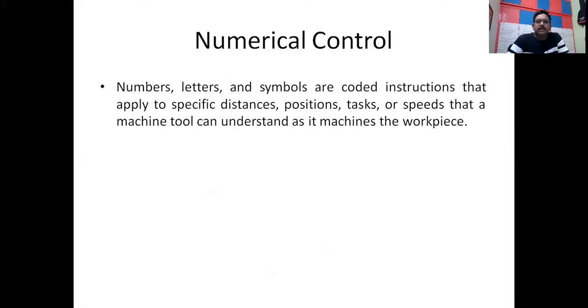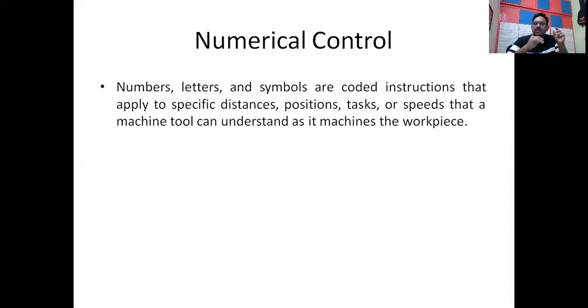So numbers, letters, and symbols are coded instructions that apply to specific distances, positions, tasks, or speeds that the machine tool can understand as it machines the workpiece. When a machine tool is about to machine the workpiece, it can understand the instructions given in the form of numbers, letters, or symbols.